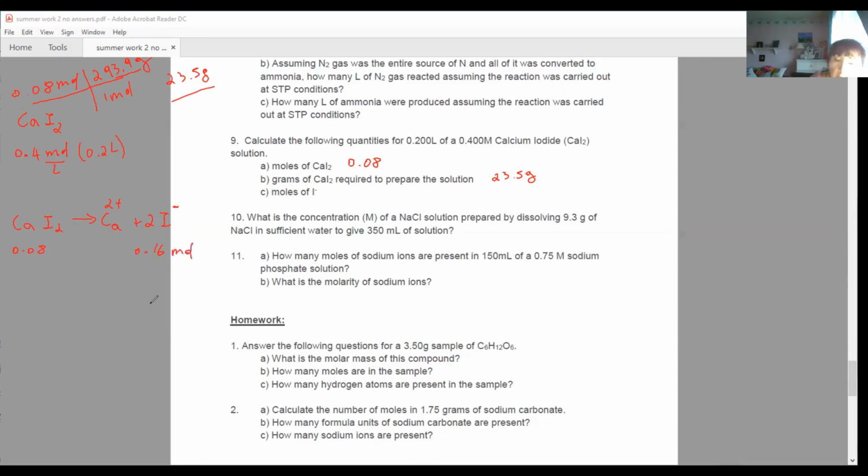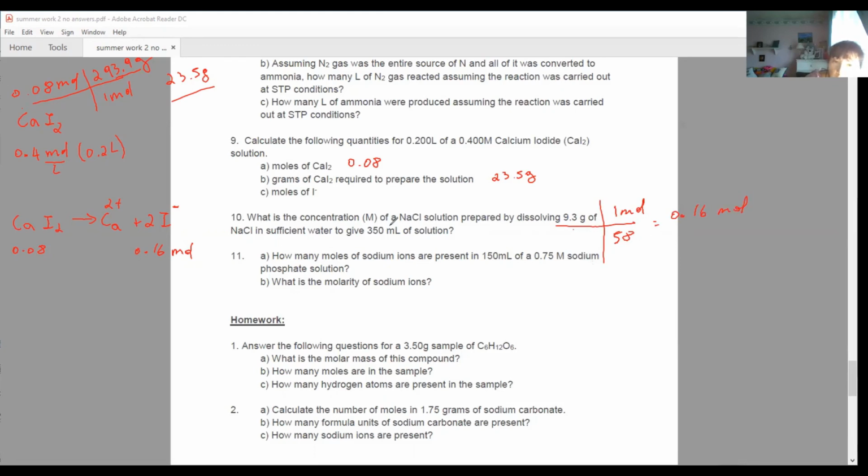Okay, and then, what is the concentration of a solution of sodium chloride obtained by dissolving 9.3 grams of sodium chloride? So sodium chloride is 1 mole. Sodium is 23 plus 35, so this is 58. So you have 9.3 divided by 58, so you have 0.16 moles.